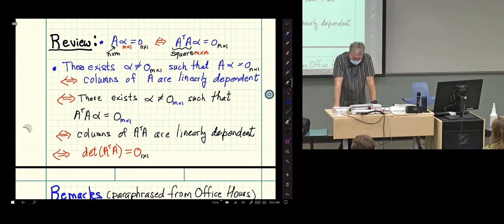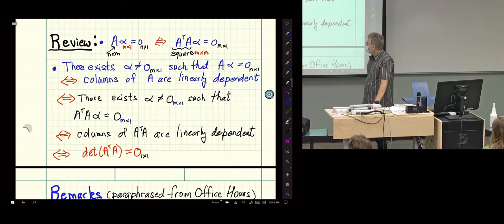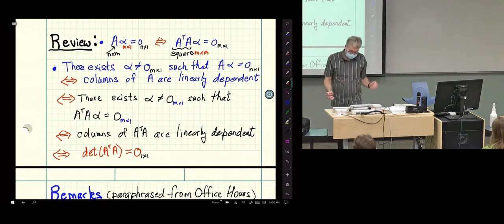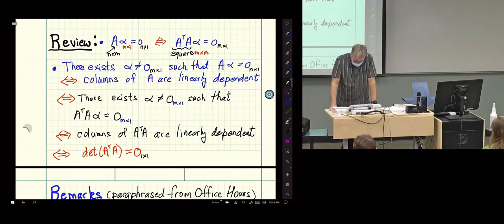It has to have the same number of coefficients as A has columns, so it's m by 1, and that equals 0. Here I'm emphasizing it's the 0 in R^n, because A has n rows. That equation is completely equivalent, they have exactly the same solution, if you multiply by A transpose on both sides. You get A transpose A alpha equals 0.